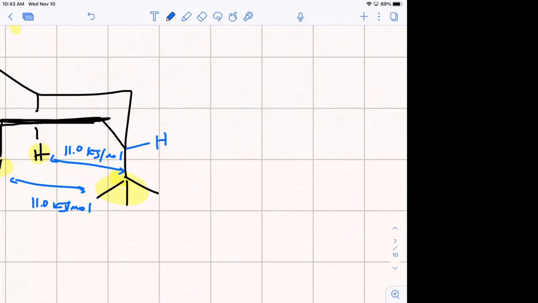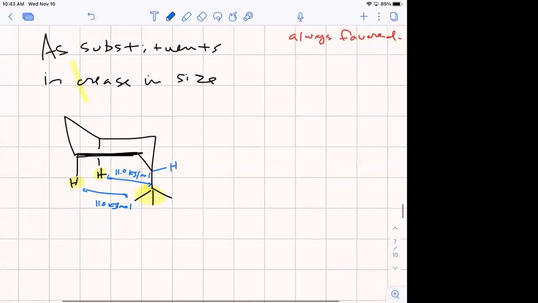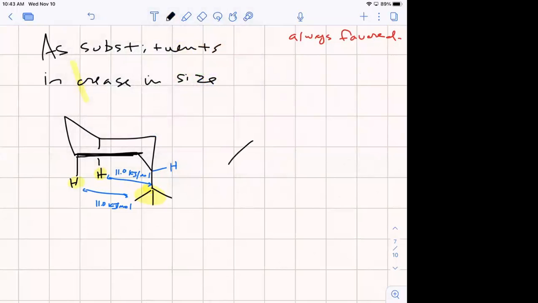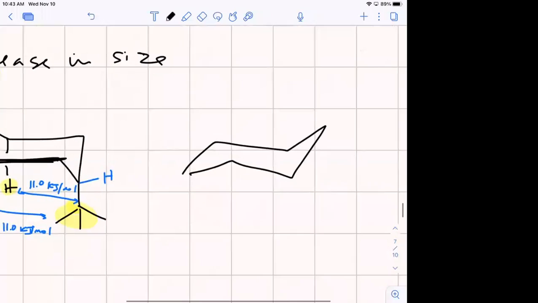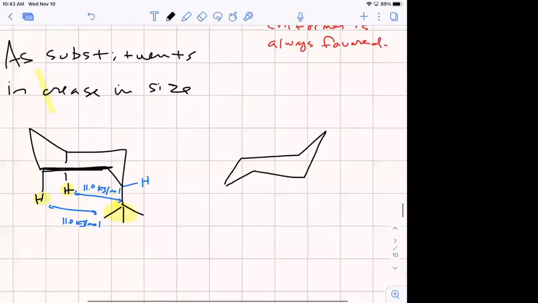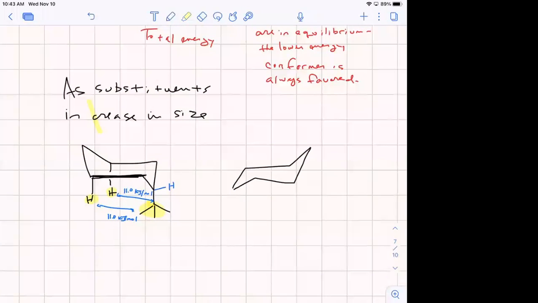It would have the substituent group equatorial. So would it look like this? That's so sloppy. I started out hot. So the new chair would look like that, where this carbon right here is going to move down this way.